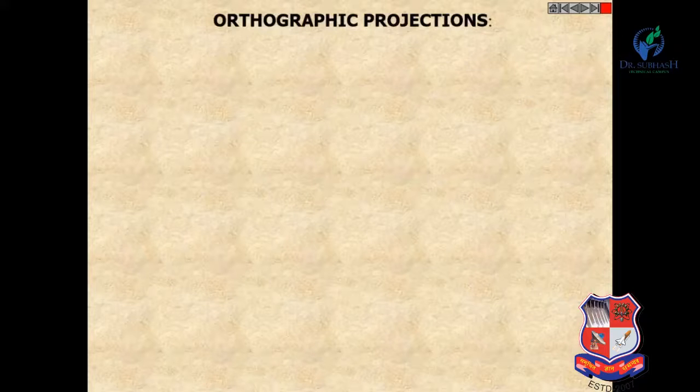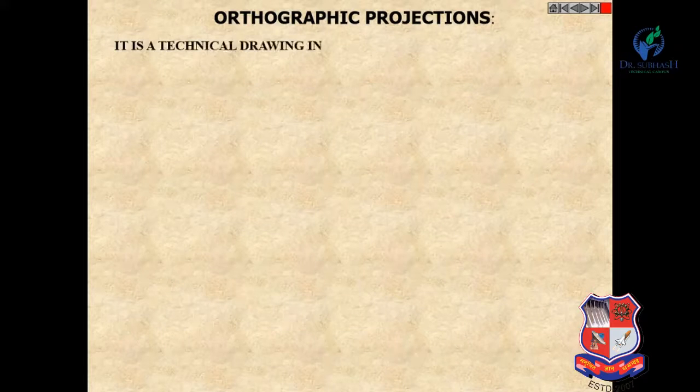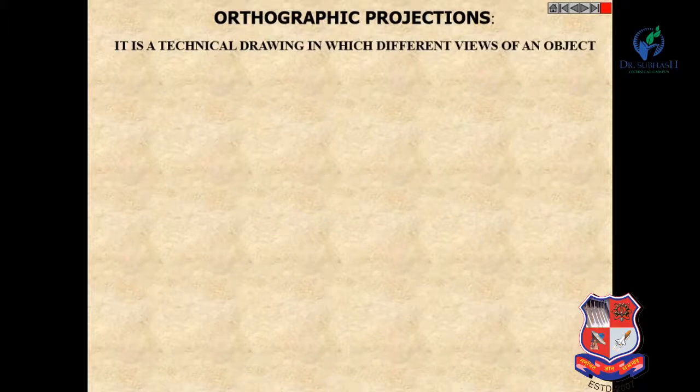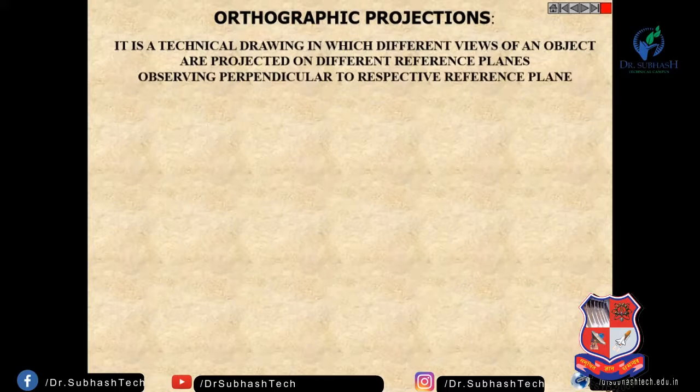Now first of all, what do you mean by orthographic projections? Ortho means perpendicular. So it is a technical drawing in which different views of an object are projected on different reference planes, observing perpendicular to the respective reference planes.